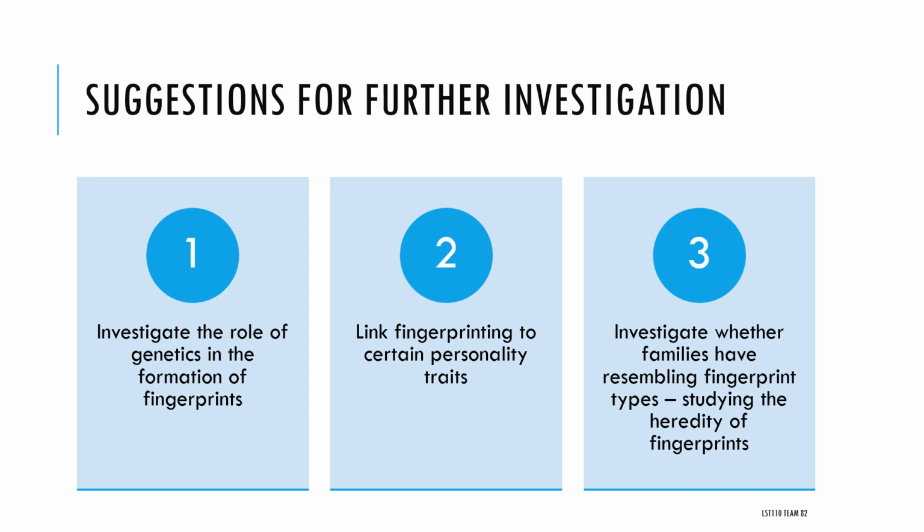Another approach to develop this research topic would be to link certain fingerprint patterns to personality traits. This could help establish whether certain fingerprints have predictive features of one's personality. This could be done by looking for similarities in personality among people characterized under the same fingerprint pattern.